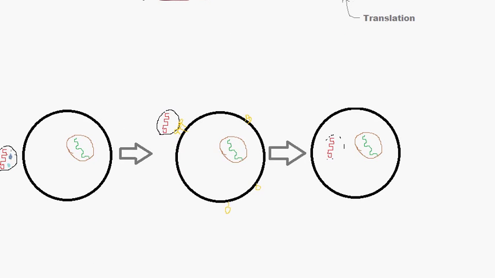The three specific proteins that help retroviruses to replicate are first reverse transcriptase, second the integrase, and third the protease. We will look at their functions as we proceed further into the mechanism of replication.